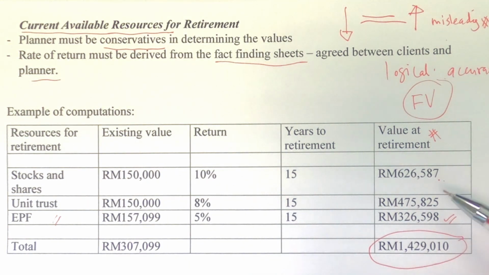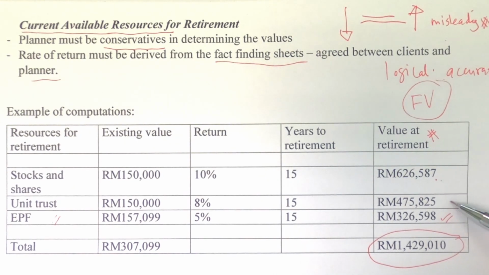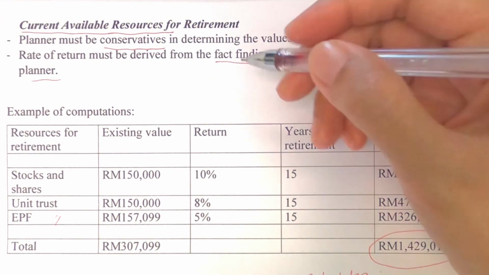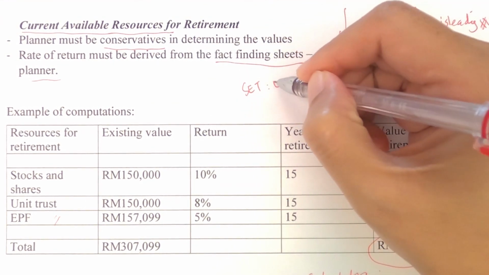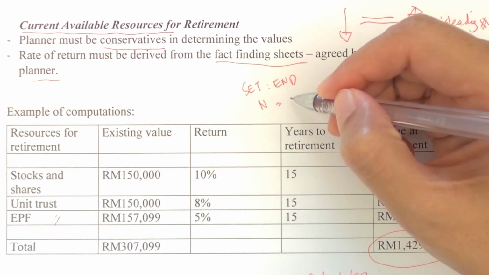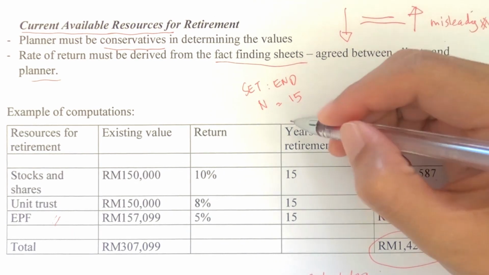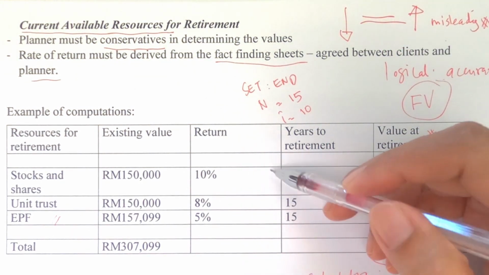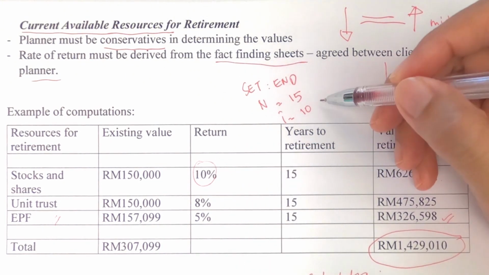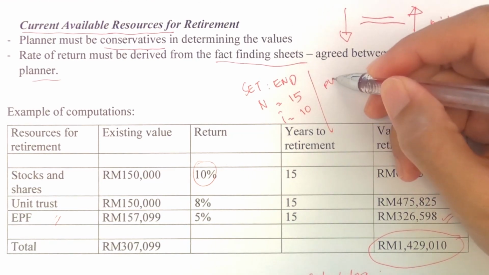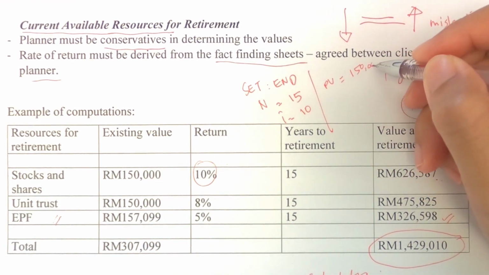You can check this figure using a calculator. You set N, where N is equivalent to 15 years, and I equals 10, for example, in the case of the stock and shares return. The PV is obviously 150,000.